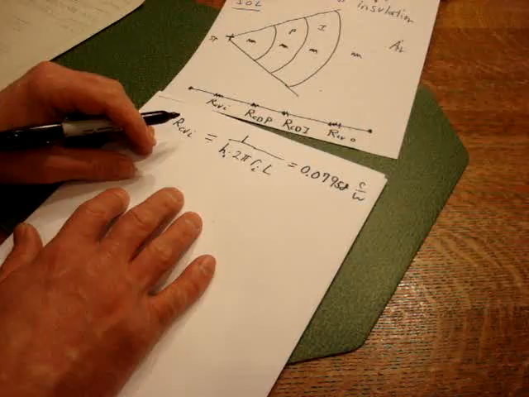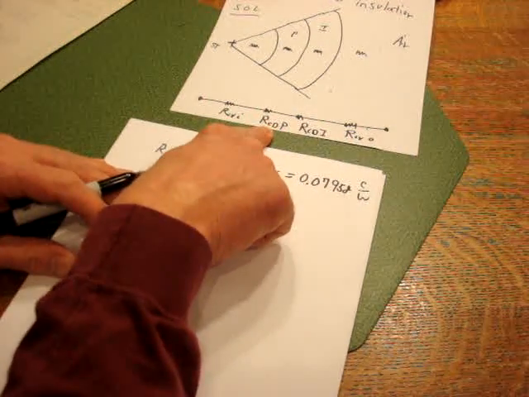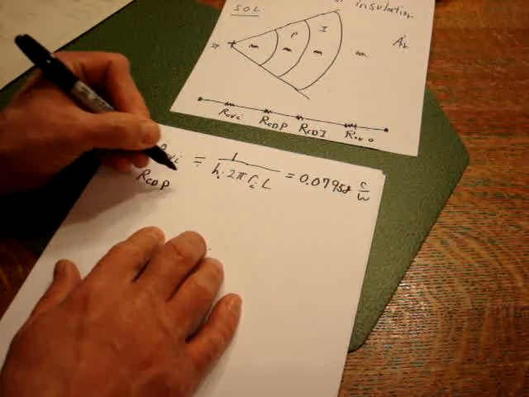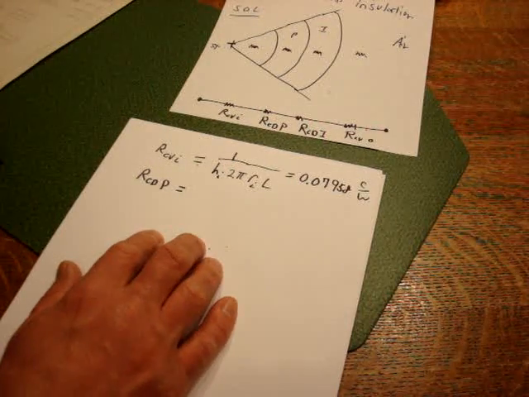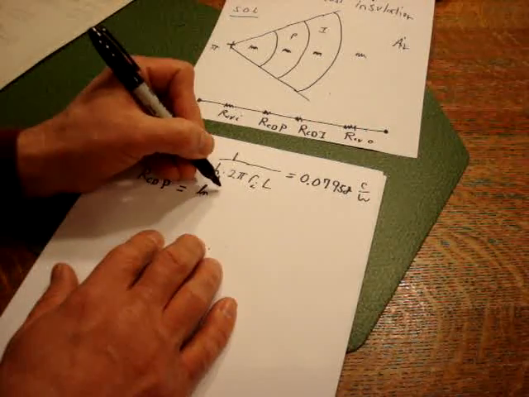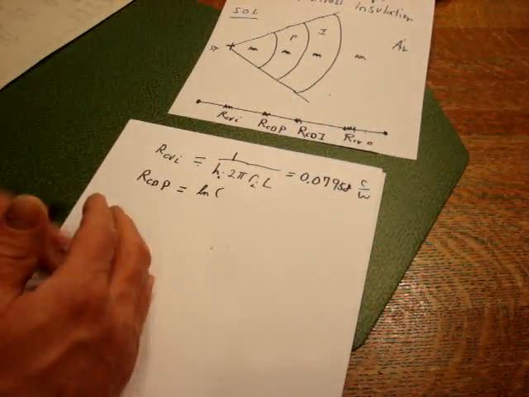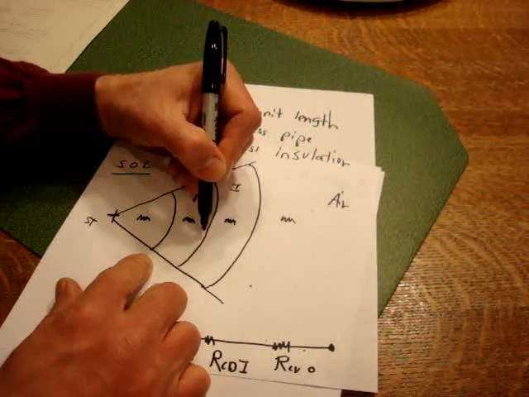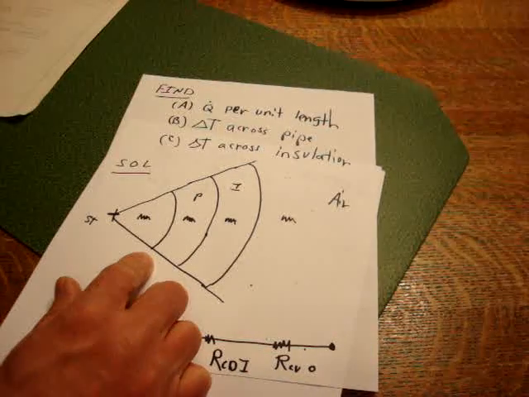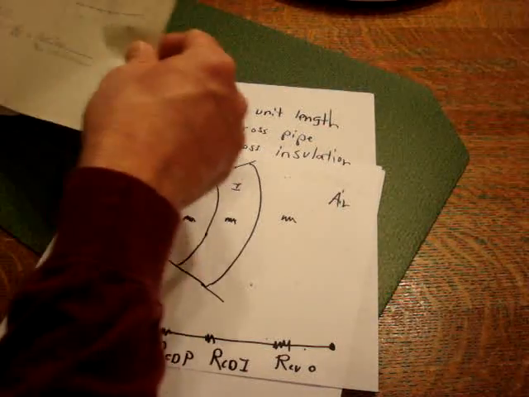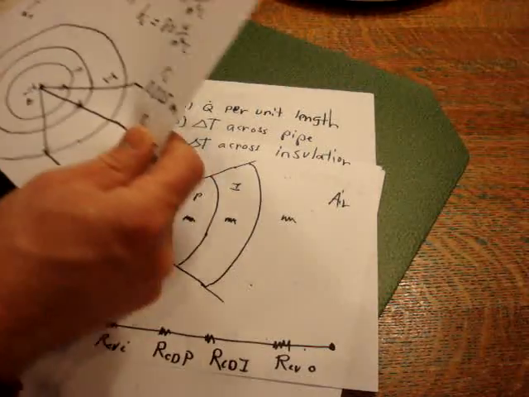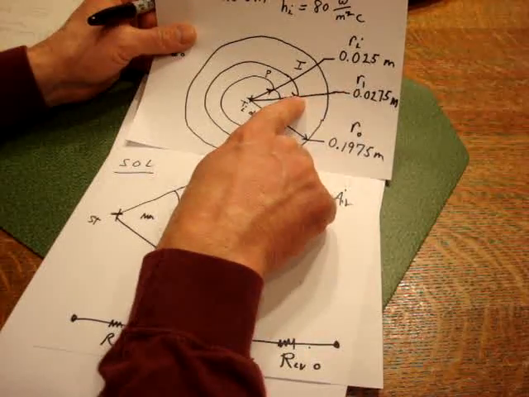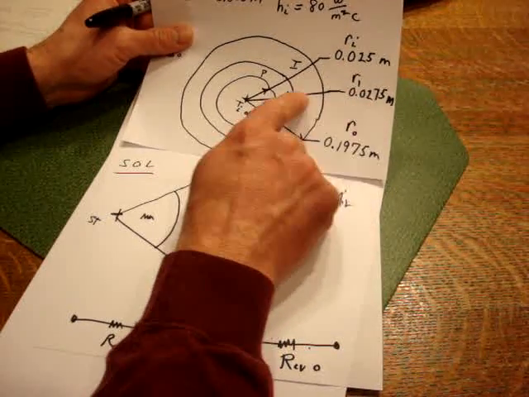Okay? So our conduction in the pipe is equal to the natural log. Now you always go R on the outside divided by R on the inside. So for the pipe, this radius, which we call R1, is going to be 0.0275.